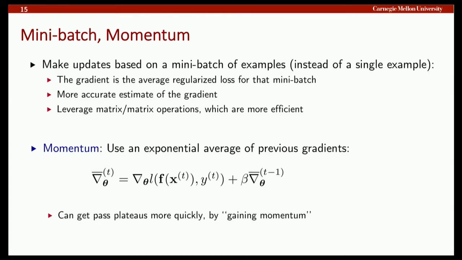What it allows us to do is pass flat regions in our optimization landscape much more quickly by gaining momentum. So that turns out to be a really important piece when you're doing optimization.